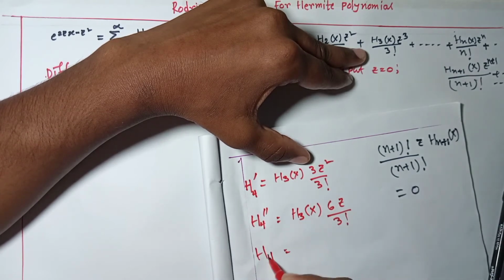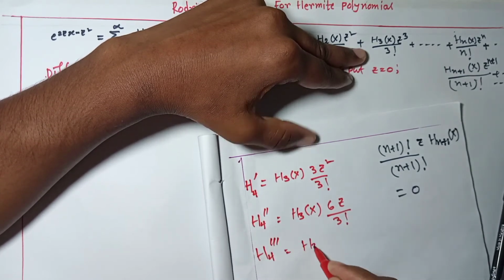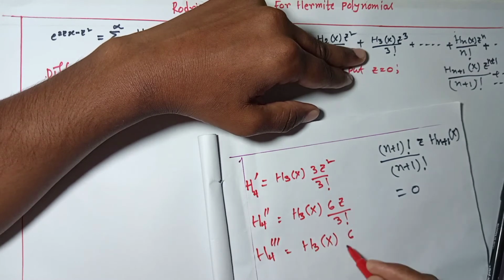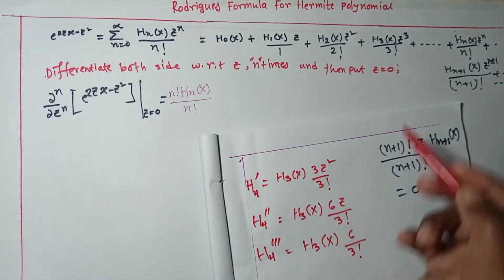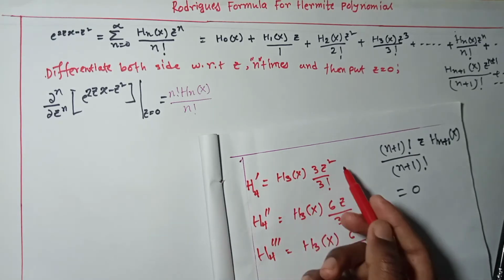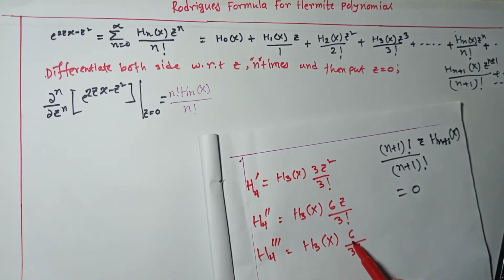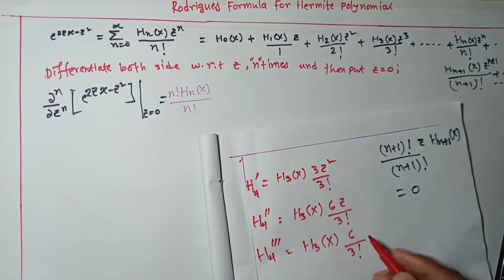Then if we differentiate again, we get H_3(x) 6 divided by 3 factorial. We can write this as 6 z to the power 0.